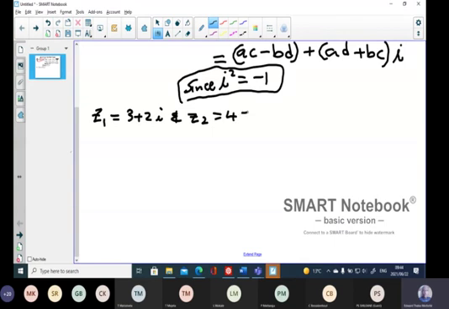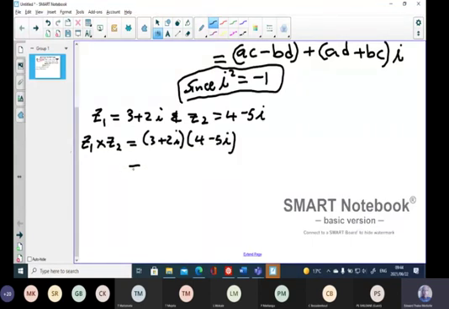So now you are required to determine Z1 multiplied by Z2. This is equal to 3 plus 2i multiplied by 4 minus 5i.